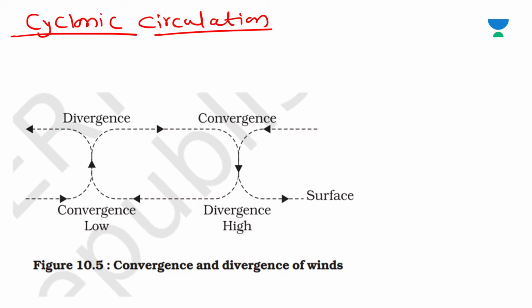Around the high, it is called anticyclonic circulation. The direction of winds around such systems changes according to their location in hemispheres. We'll discuss in the table.